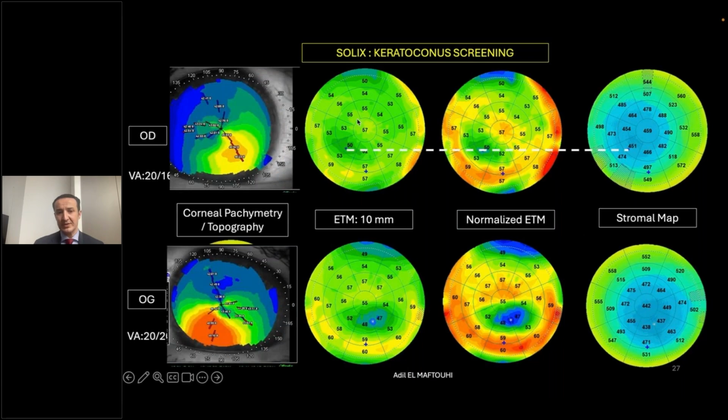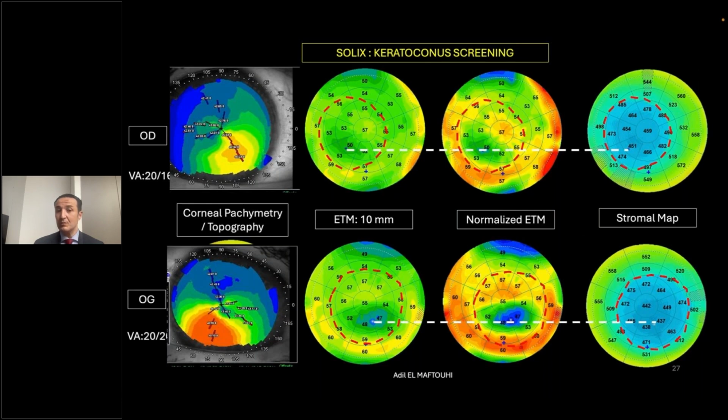Look here, we observe a thinning of the epithelium. Here is the normalized epithelium mapping with a scale of 2 microns, and we can make a comparison with the thinning of the stroma. And on the left eye, it's the same thing.